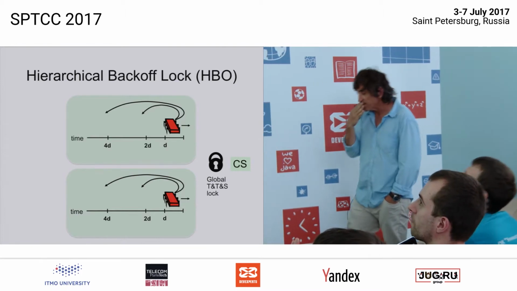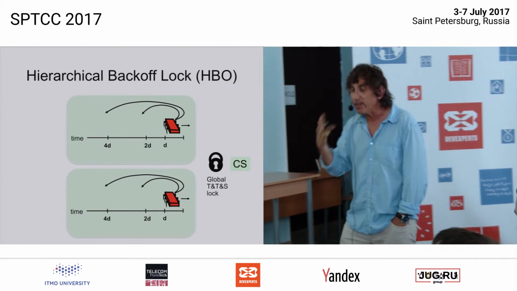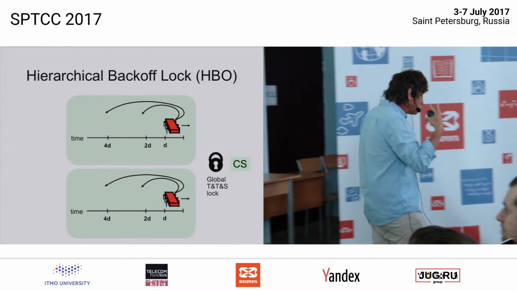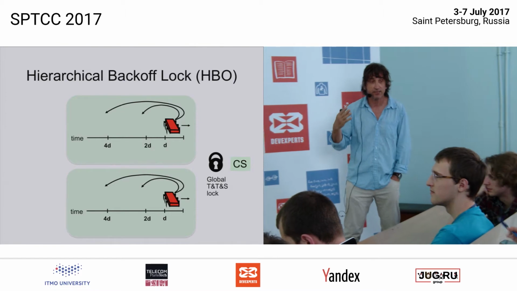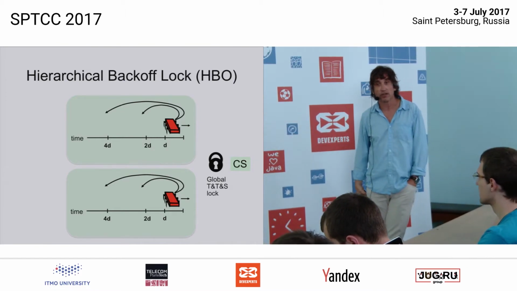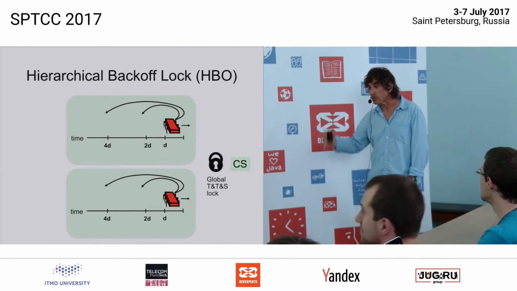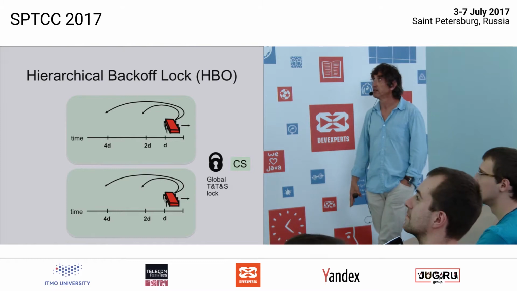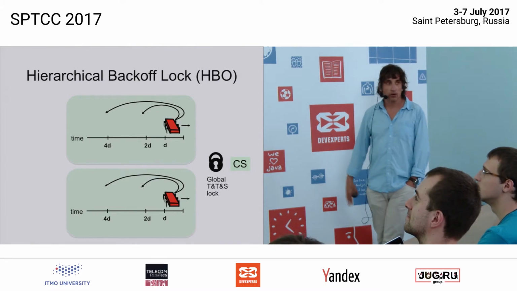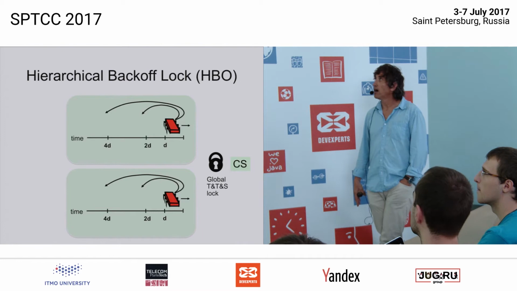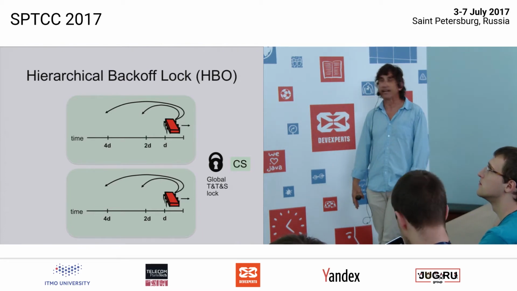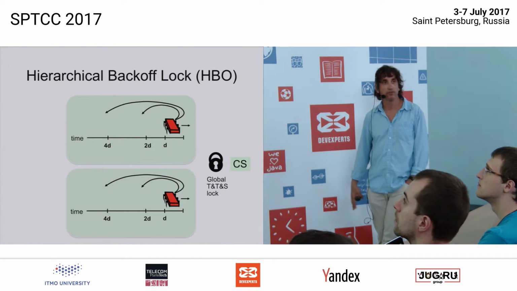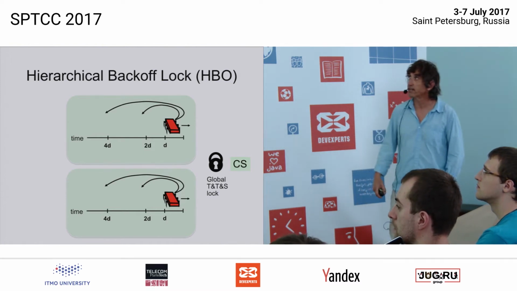So we really want to try to match the access pattern to the actual layout of my machine. So one approach is this idea of hierarchical backoff. I do a backoff protocol, and here's what I do.